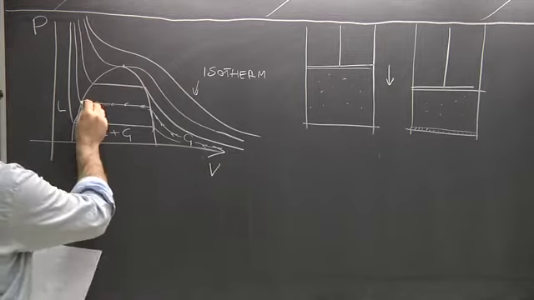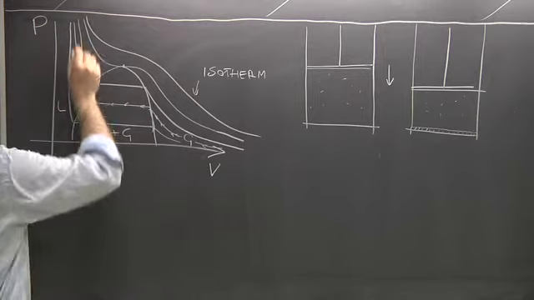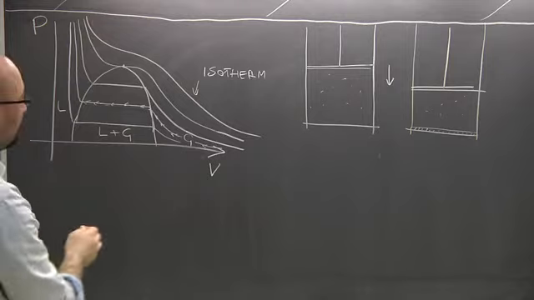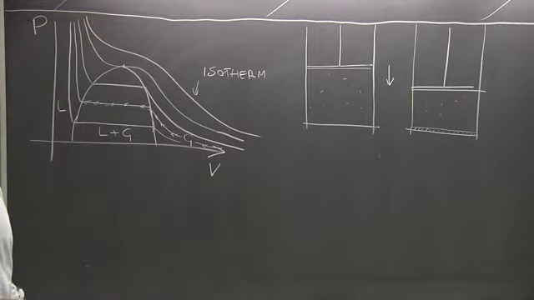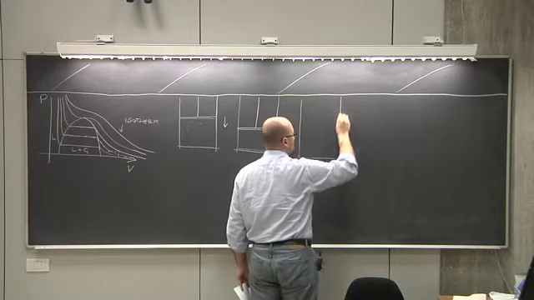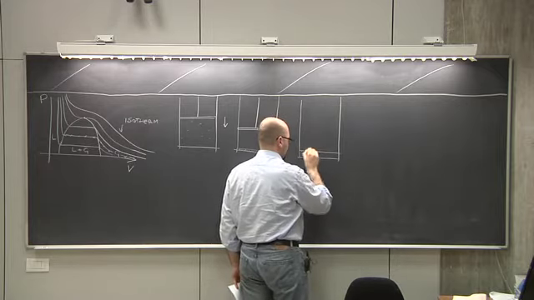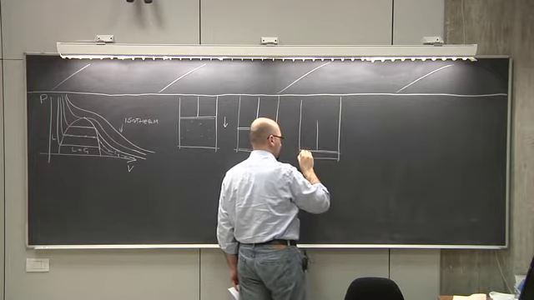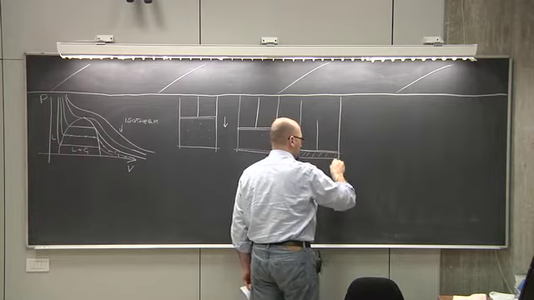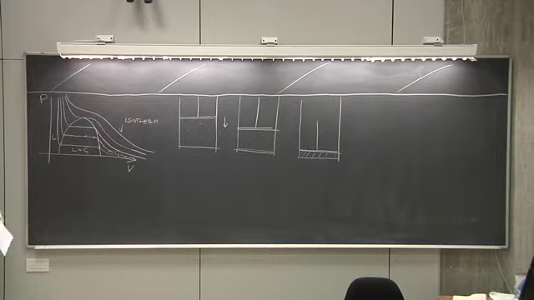And then, you see, I made it on purpose, the derivative of these lines is much bigger than the derivatives over here, because liquids have very small compressibility. So if you now try to compress a liquid, change the volume even by a little bit, the pressure goes up quite fast.